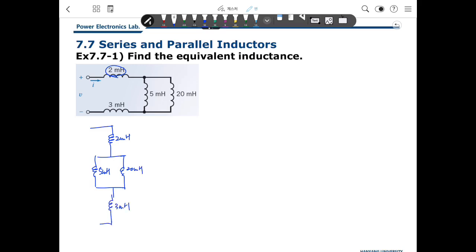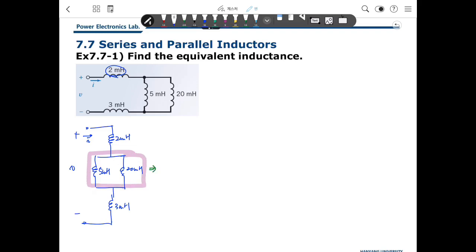Then 3 millihenry is here. Now what should we do? At first we can simplify here.